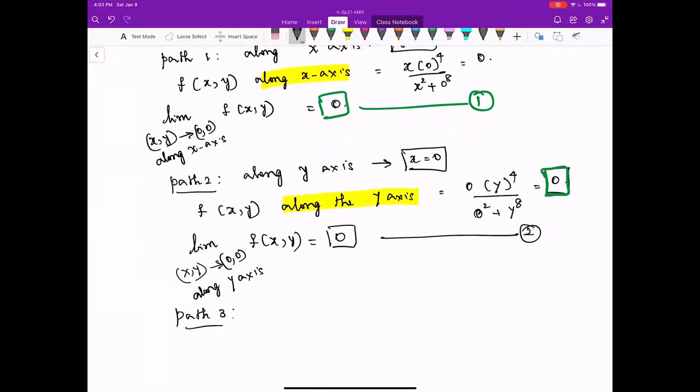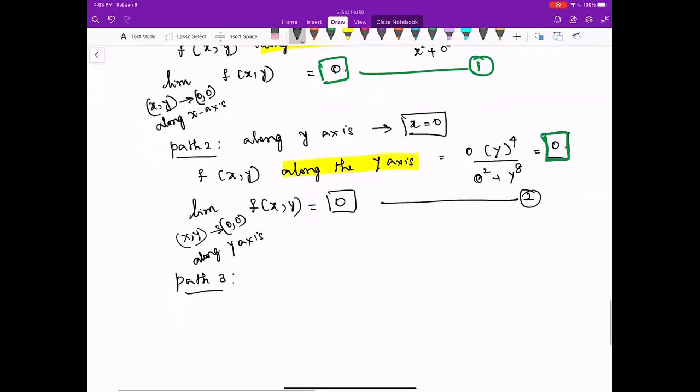Path 3. I'm going to choose the curve x equal to y to the power 4.